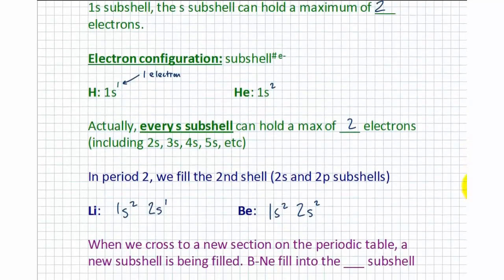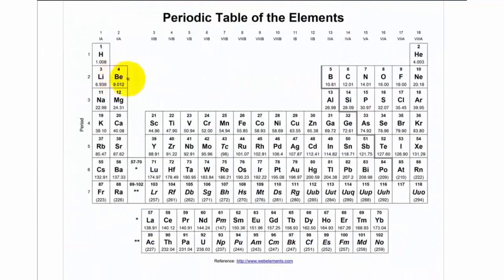It also turns out that when we cross over to a new section on the periodic table, we start going into a new subshell. So here's beryllium. We're crossing over to the other side of the main group here to get to boron. The reason the periodic table is shaped this way is because of the number of electrons that fit into each of these subshells.